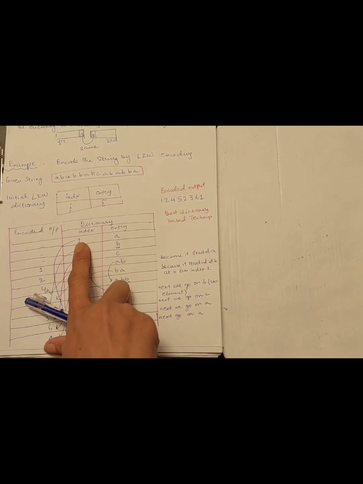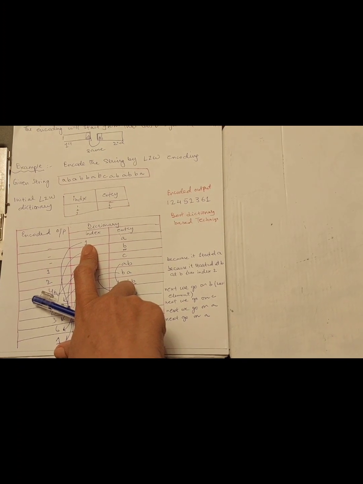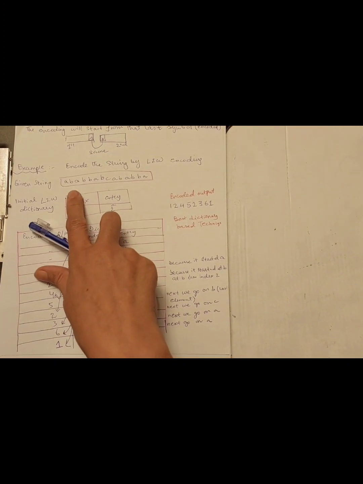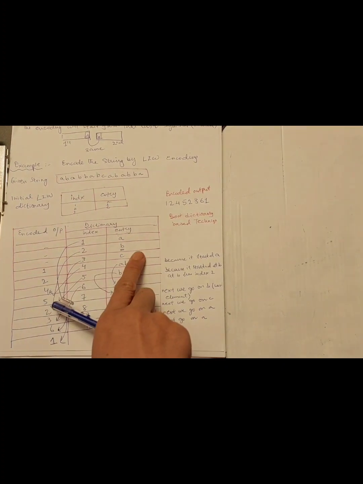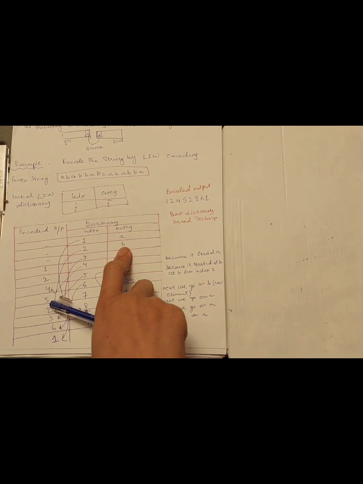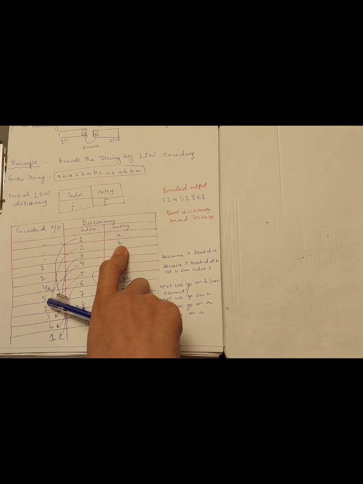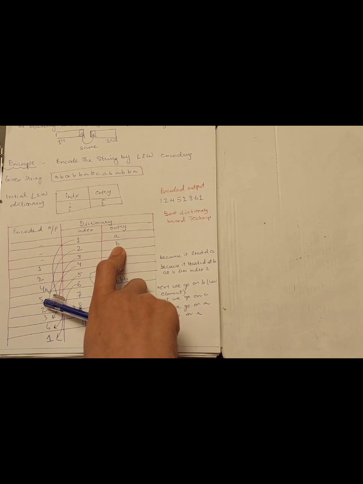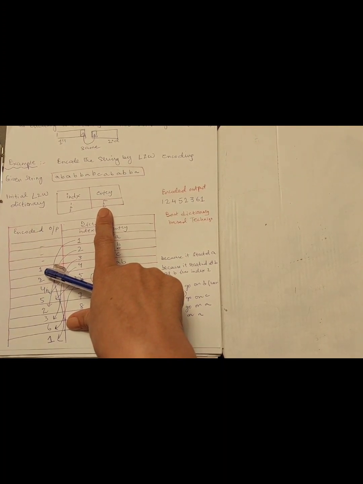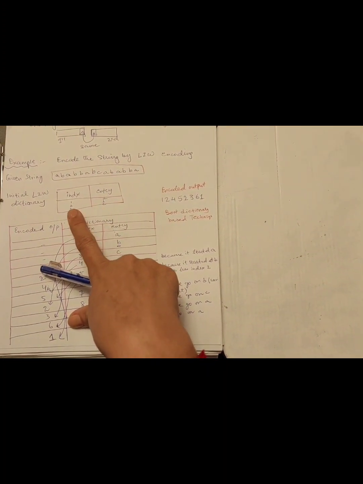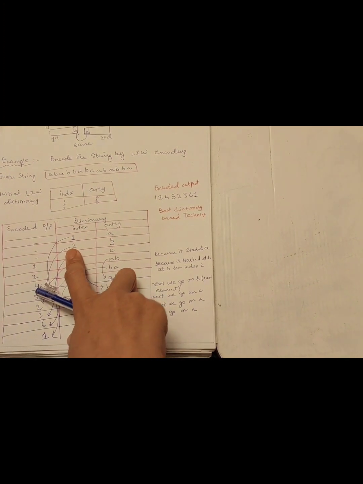So I will simply write 1 for this data entry. Now come on to the next element from your string. The next element is B. So you will write down B in your next entry. What is the index given for B? You will again consult your dictionary, and you can see that for B the index is 2. So you will simply write down 2.